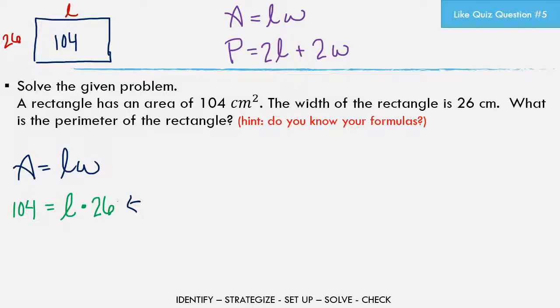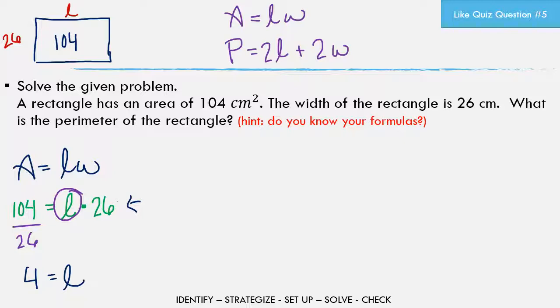If we're multiplying the length times the width, we need to think of the opposite of multiplication. What is the opposite of multiplication? If you're thinking division, then you are correct. So to get the length by itself, we're going to divide the area by 26. When we divide 104 by 26, we get 4. So the length is 4.